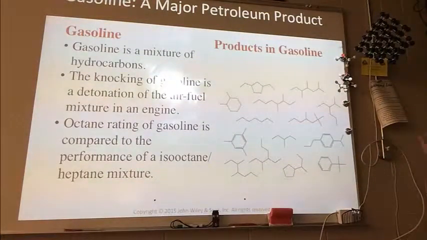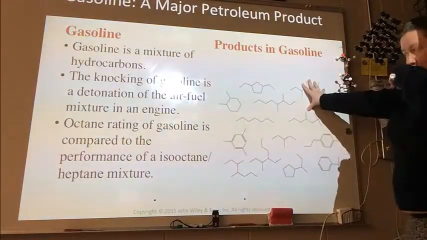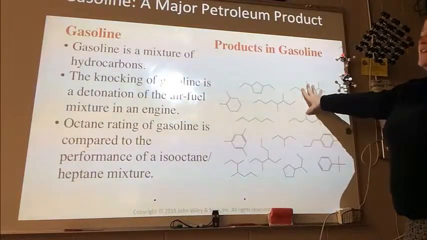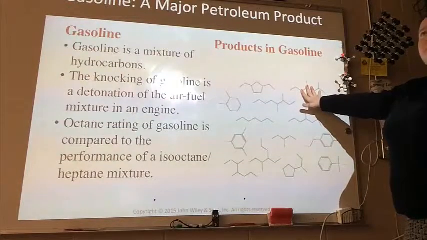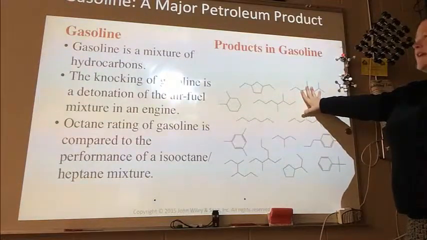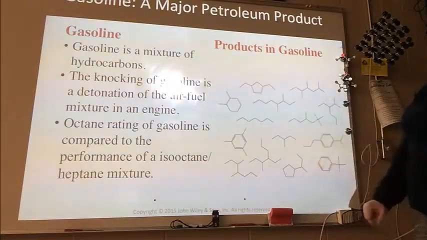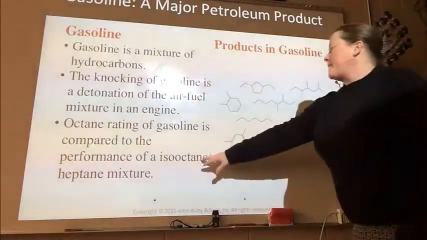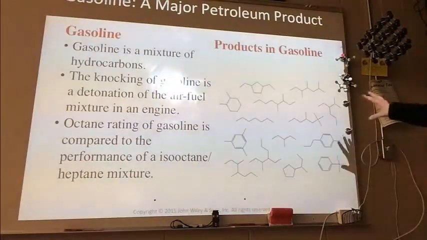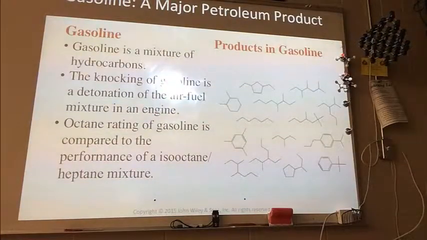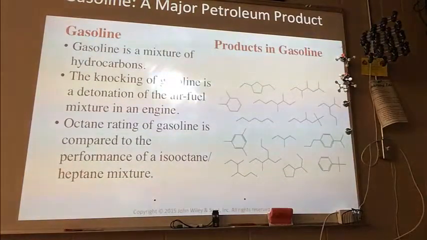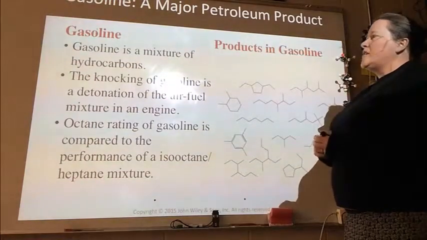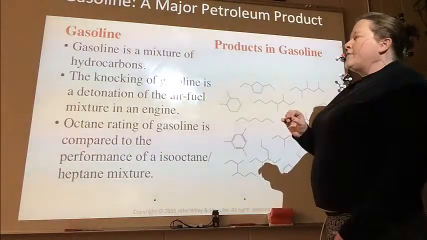So what they do with the octane rating that you see on your gas tank, the 87, 89, 91, the octane rating is just a ratio of what they're calling isooctane. I don't know which one of these is isooctane off of the top of my head, and heptane mixture. It's just a ratio of different compounds in the fuel.